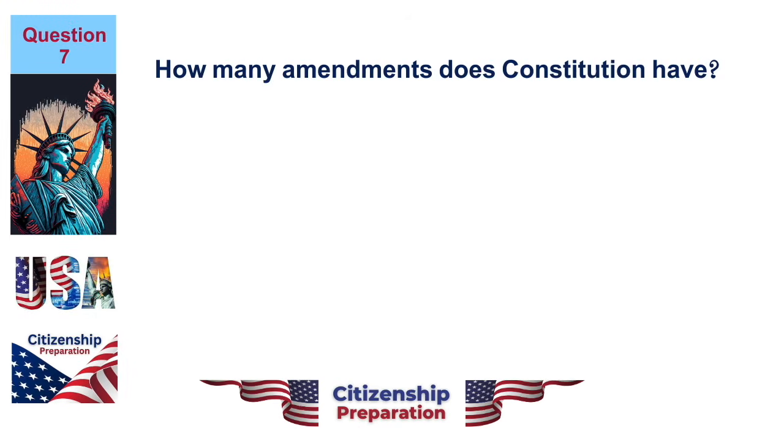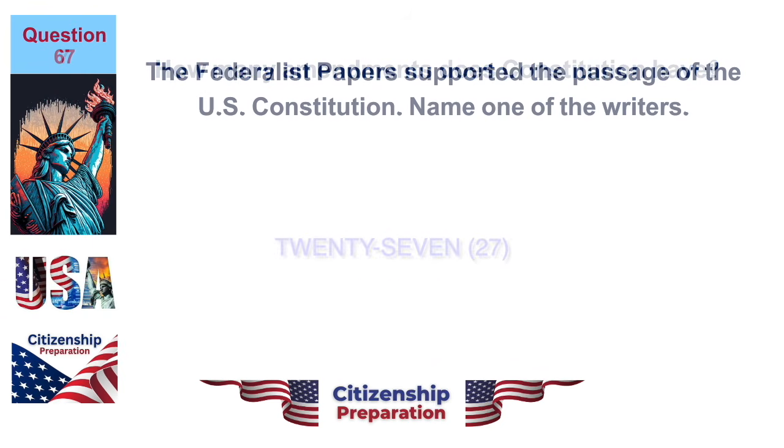How many amendments does the Constitution have? 27. The Federalist Papers supported the passage of the U.S. Constitution.